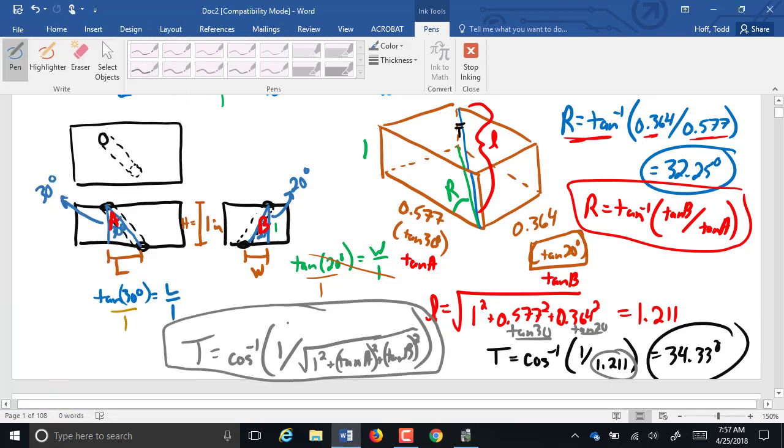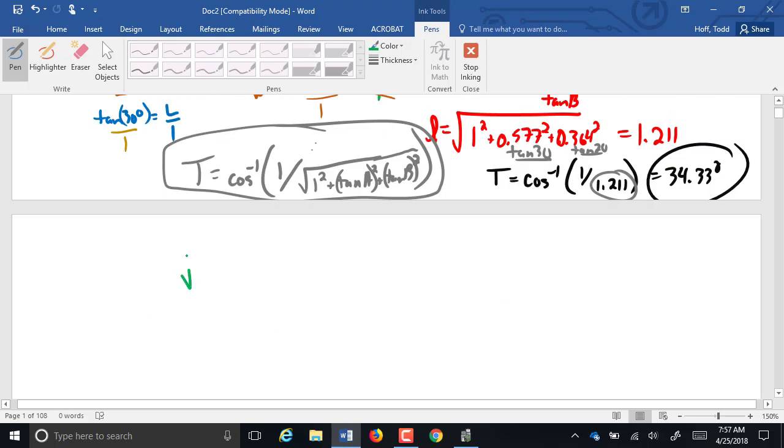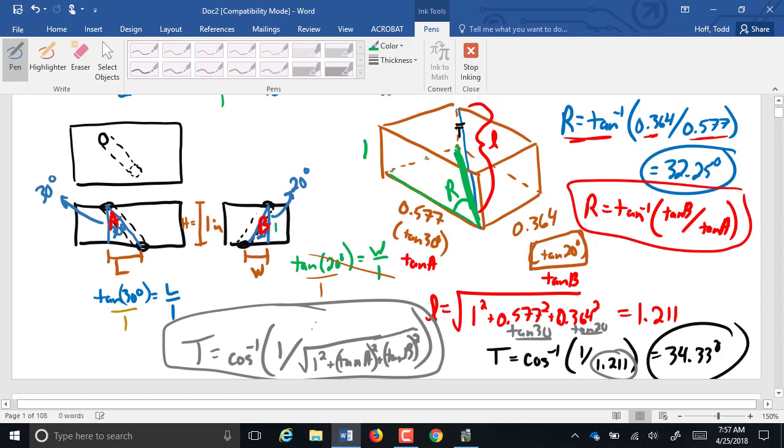The book does not actually give this formula. What the book uses, instead of that formula, is the length across here, because that length is actually easier to find. You don't need that one. That length across there is the square root of tangent of A squared plus the tangent of B squared. Just this dimension and this dimension.